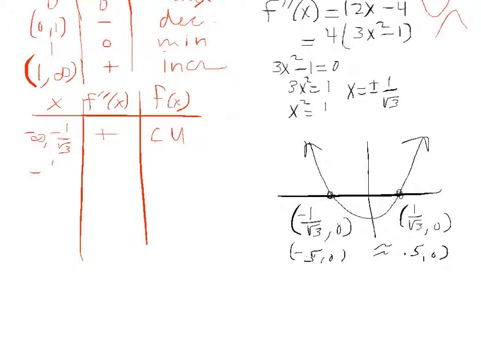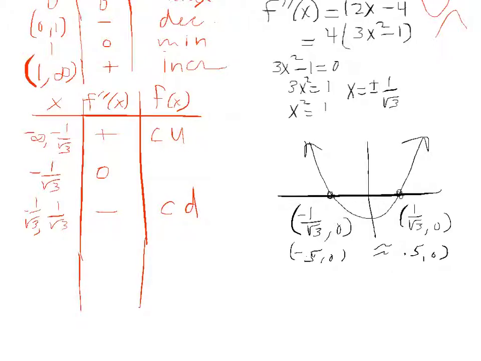At negative 1 over root 3, the second derivative is 0, so it could be a point of inflection, but we're going to wait and see. From negative 1 over root 3 until 1 over root 3, the second derivative is negative, so my function must be concave down.